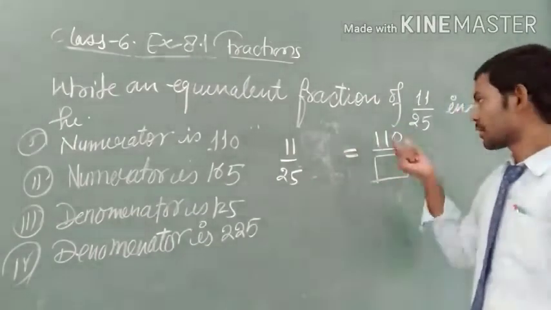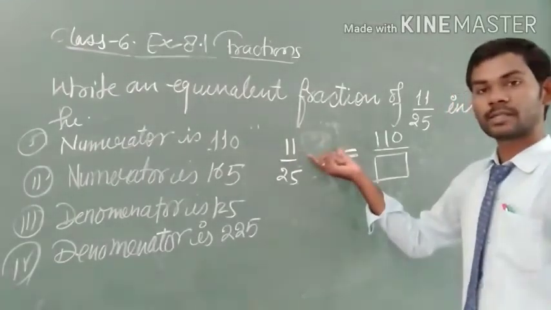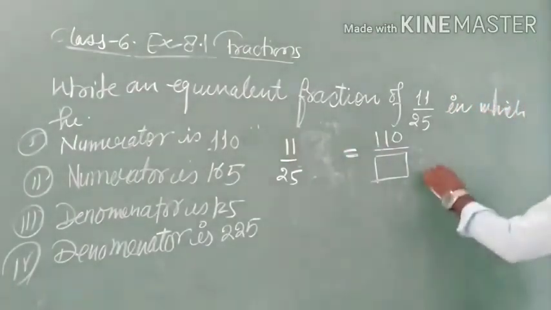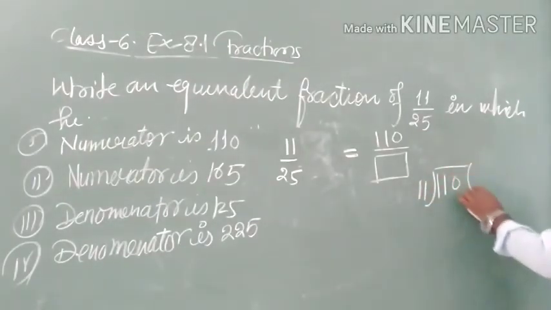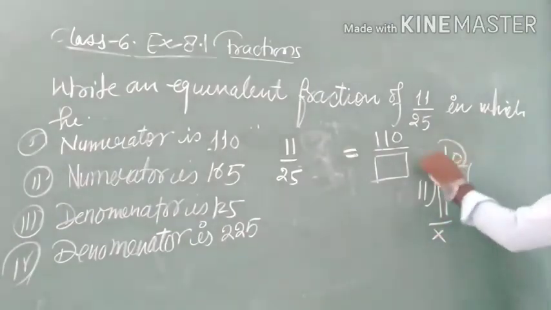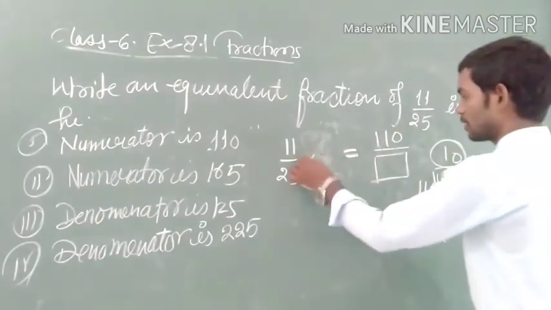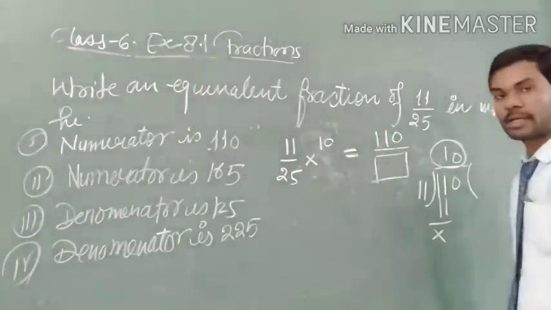For this, divide 110 by 11, then we get this result. So here, when we divide 110 by 11, we get 10. So we can say that when we multiply 11 by 10, we get 110.